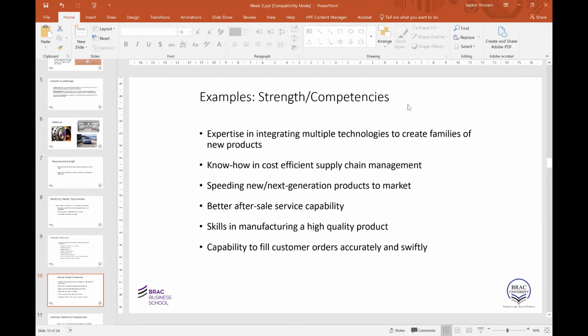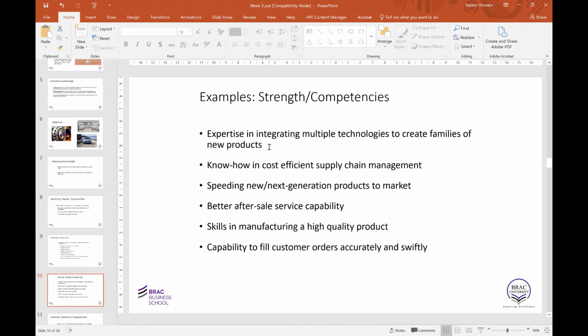The competences are expertise in integrating multiple technologies to create families of new products. A good example is Apple, because nowadays they have expertise in integrating multiple technologies to create families of new products.